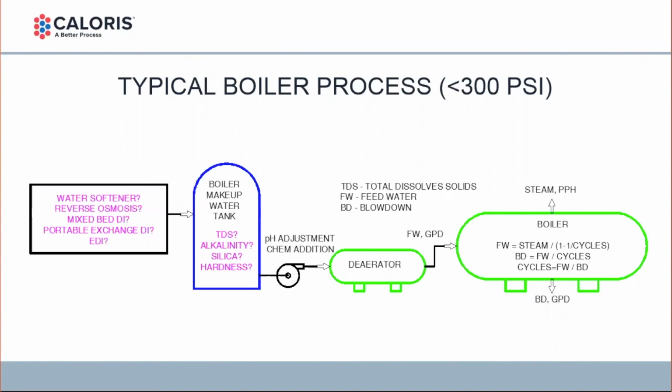So here is the equipment. You're going to have the boiler water makeup tank, and then you'll have a feed pump, pump it through the deaerator. You'll probably have some pH and chemical addition before that deaerator.